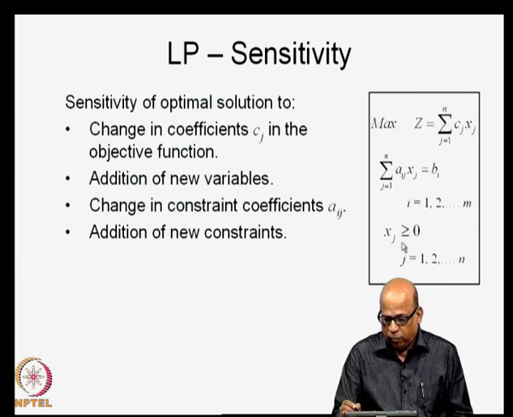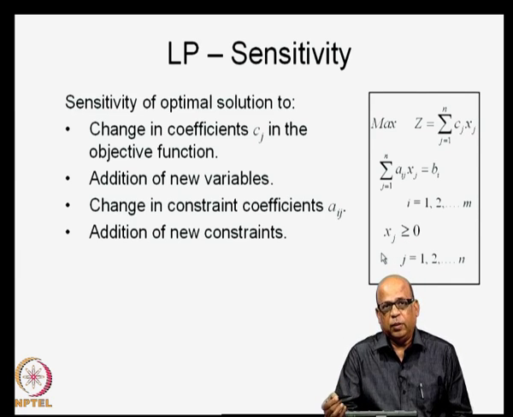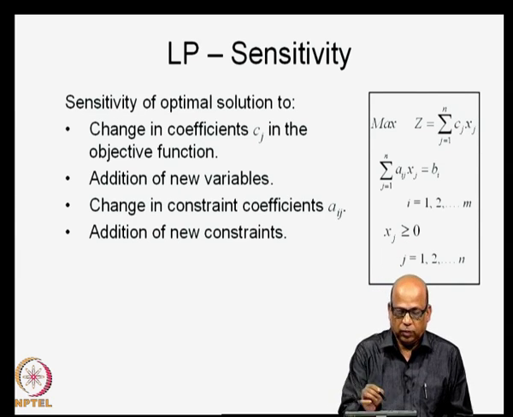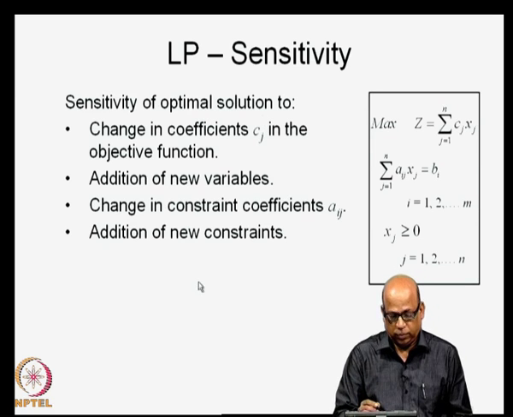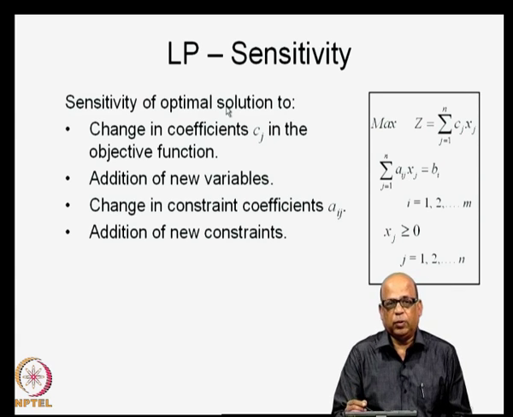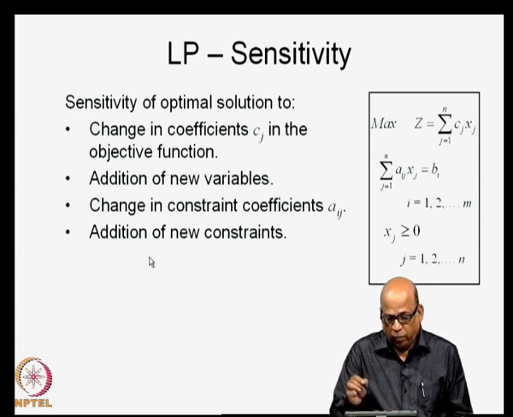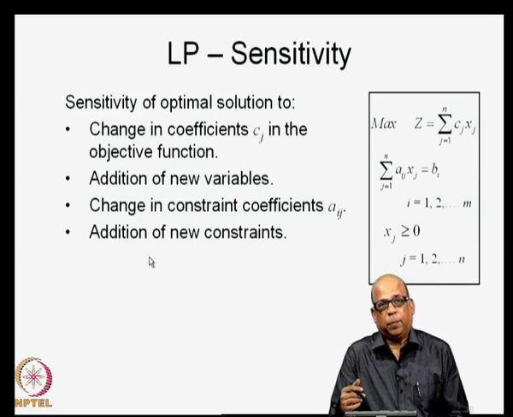Then I may want to add a few new variables. If I add new variables, what happens to the optimal solution? Then I may want to change the coefficients in the constraints themselves. Then what happens to the optimal solution? I may want to add new constraints.